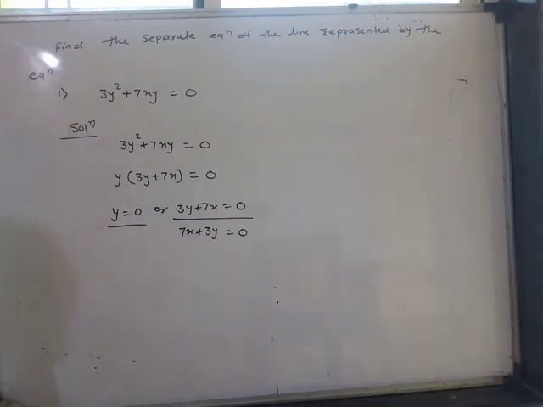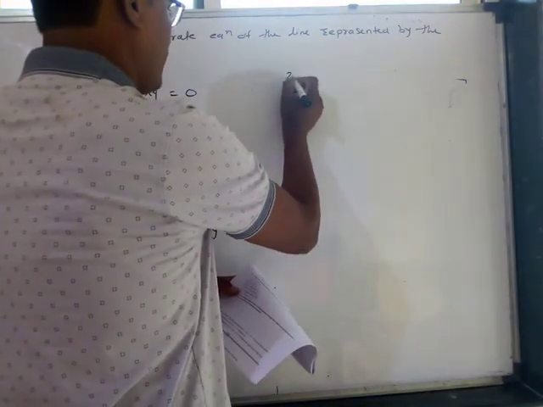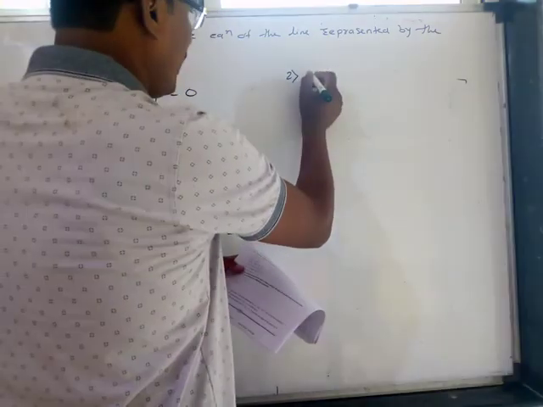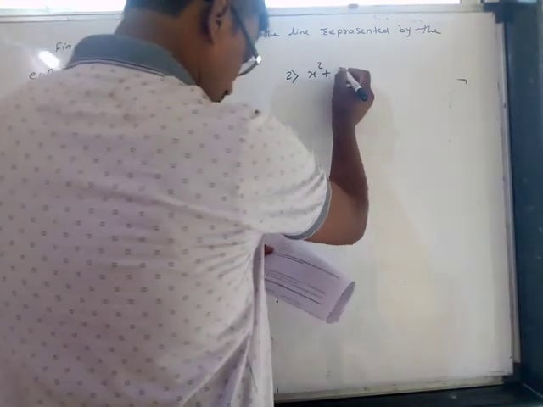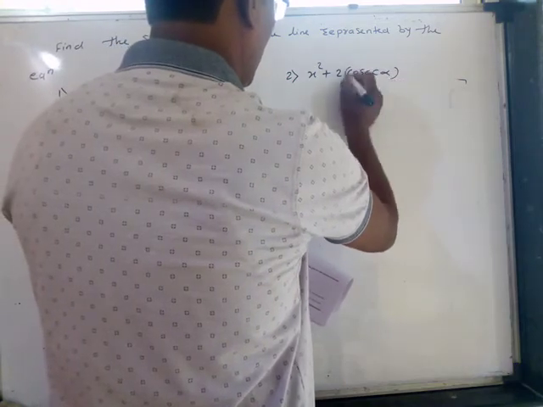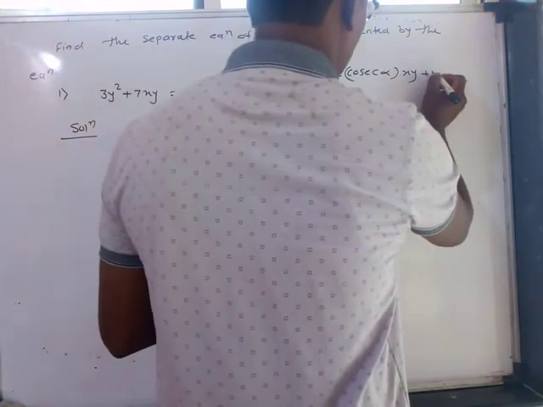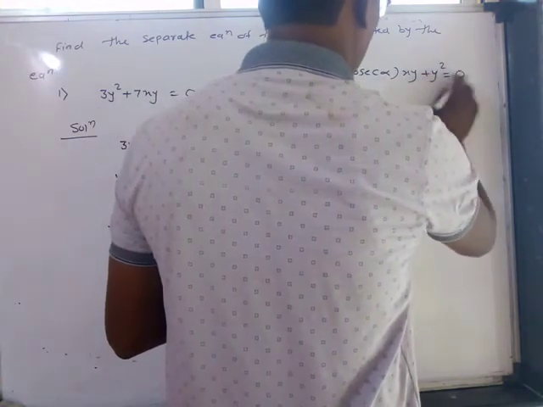Now in that case, we take the second problem also. The second problem: x square plus 2 cosec alpha into xy plus y square is equal to 0.